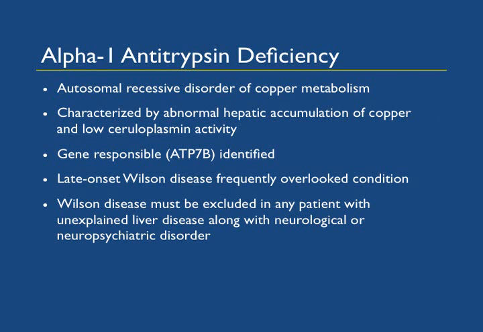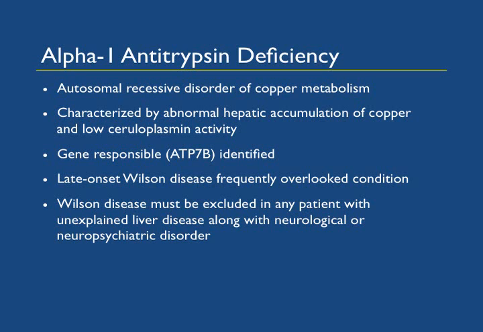As discussed in the previous presentation, Wilson's disease is another autosomal recessive liver disorder, this of copper metabolism. It's characterized by abnormal hepatic accumulation of copper and low ceruloplasmin activity. The gene responsible, ATP7B, has been identified. Of note, late-onset Wilson's disease is frequently overlooked, late onset meaning a disease presenting beyond the age of 40.